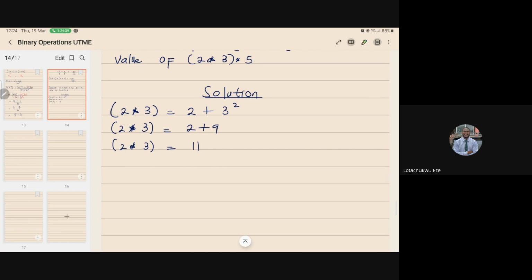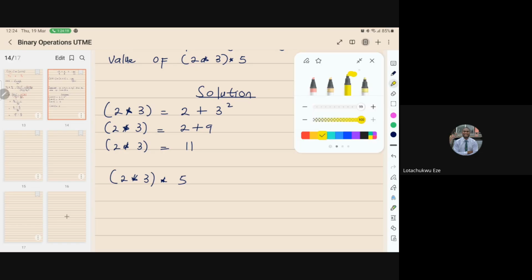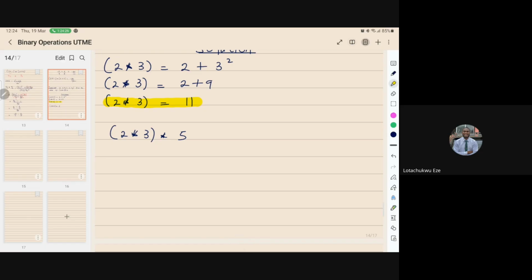So 2 * 3 is equal to 11. Now, remember that what we are handling is 2 * 3 * 5. But this portion has already given us 11, as you could see here on the screen. And because it has given us 11, we now have 11 * 5. And 11 * 5 will be equal to what? 11 plus 5 squared.